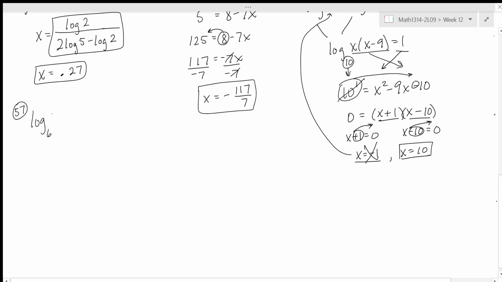Log base 6 of x equals 1 minus log base 6 of x minus 5.